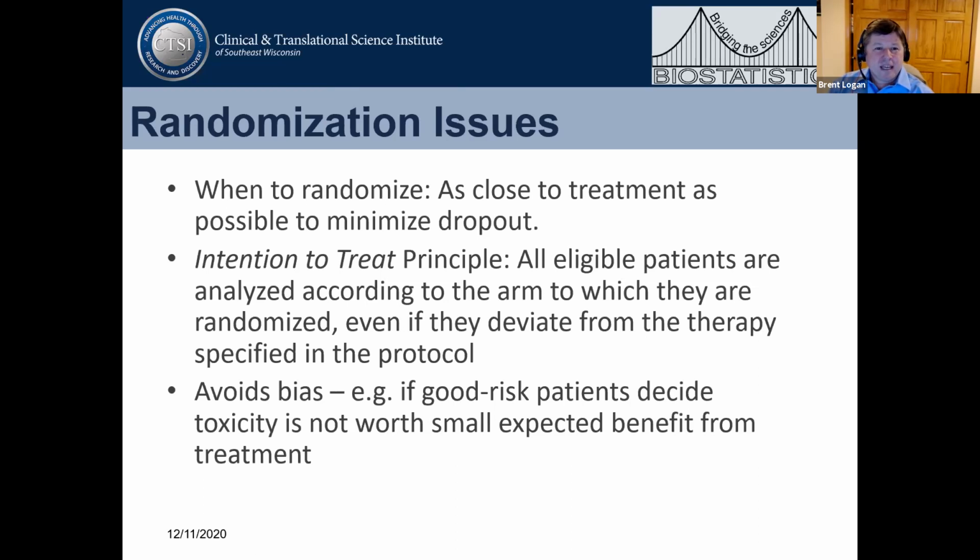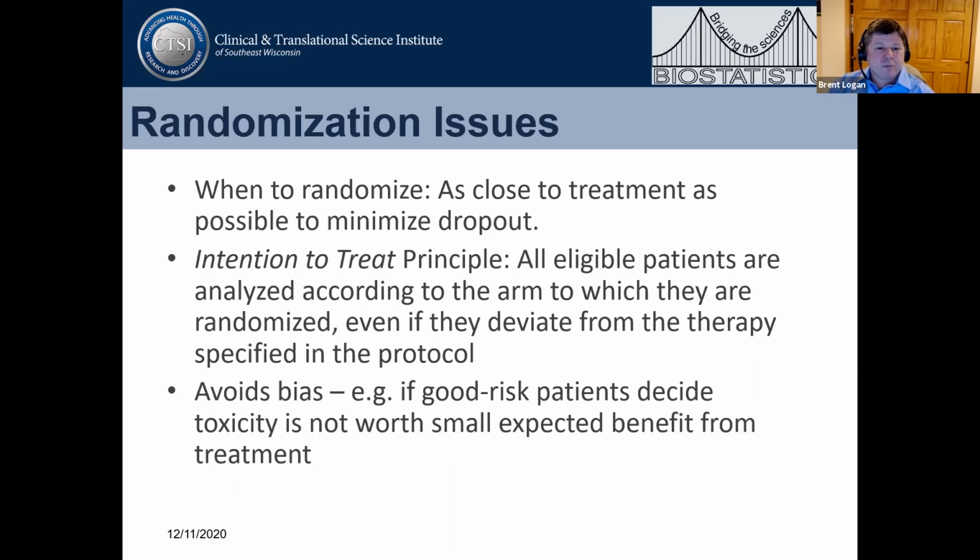And so if you have a long delay between when you enroll the patient, or when you randomize, and when you actually give the treatment, there's more risk that they won't follow the arm that they're randomized to. And that will tend to reduce the potential treatment effect that you observe.